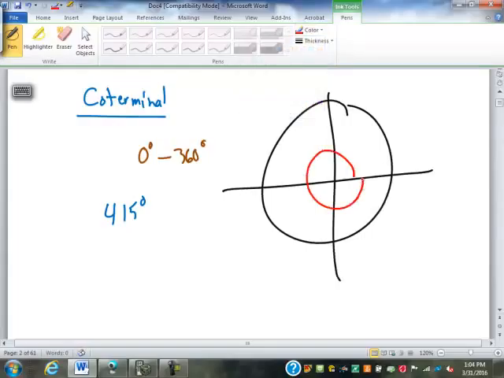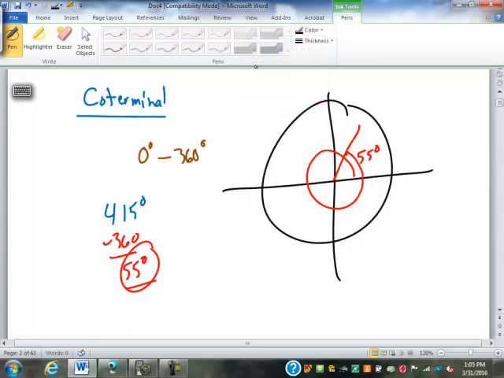It's gone how far past 360? 55 degrees, right? How'd you get that 55 degrees? You subtracted 360. So the simplest coterminal angle for that is 55 degrees.